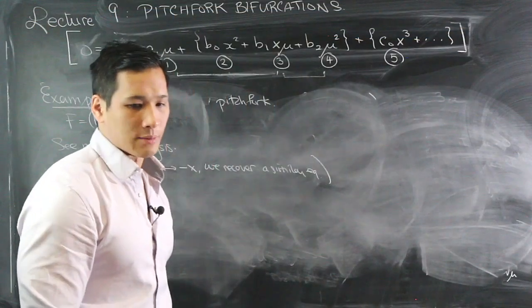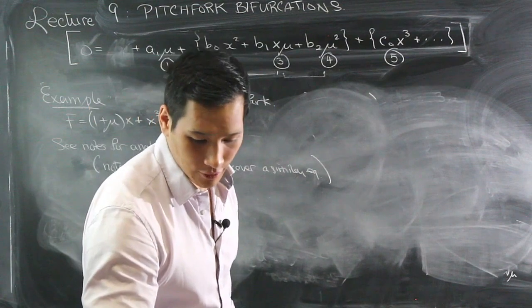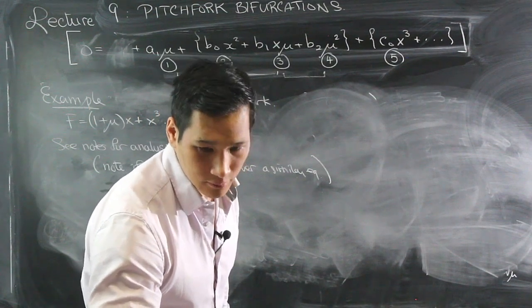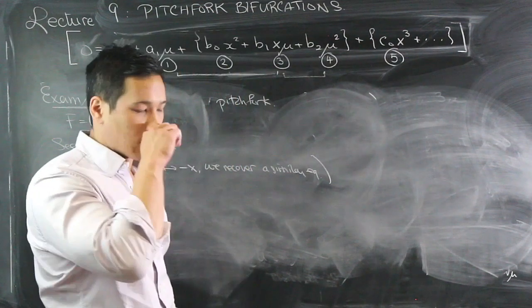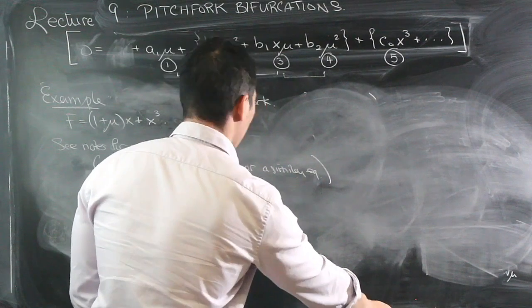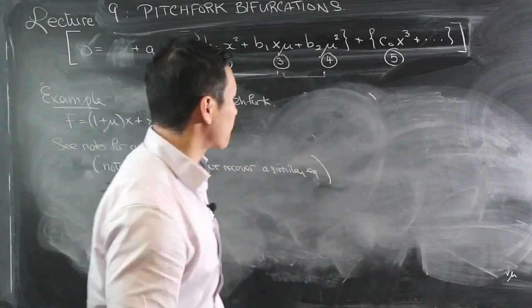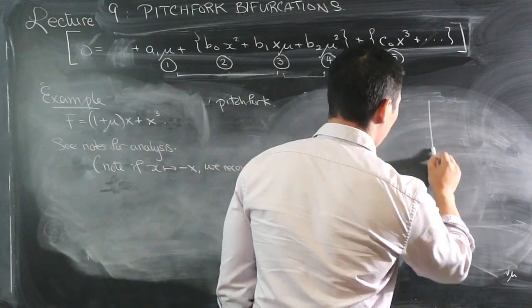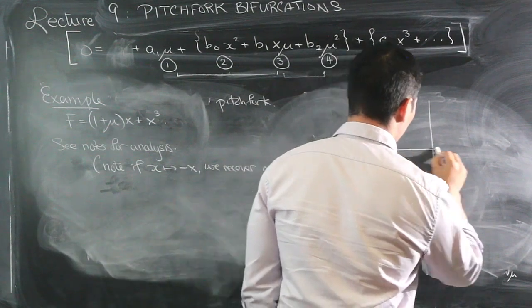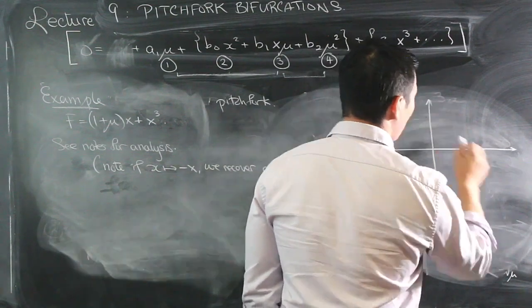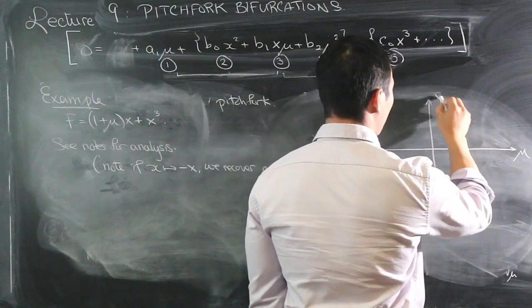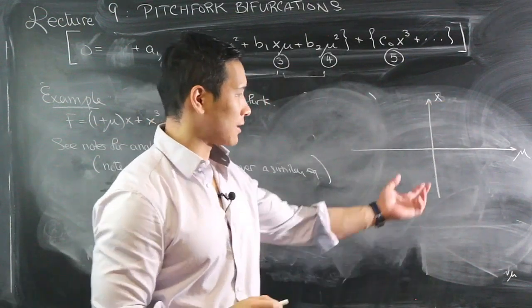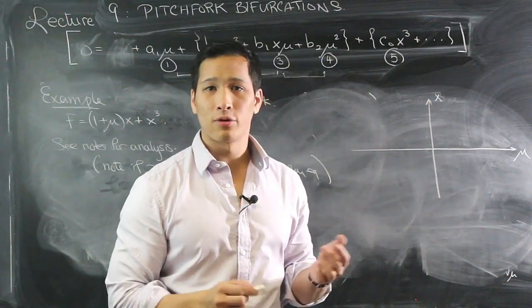So in terms of the bifurcation diagram for this picture, what does it look like? In the numerics, we first investigate the case where mu is less than 0, and you remember there were 3 fixed points.